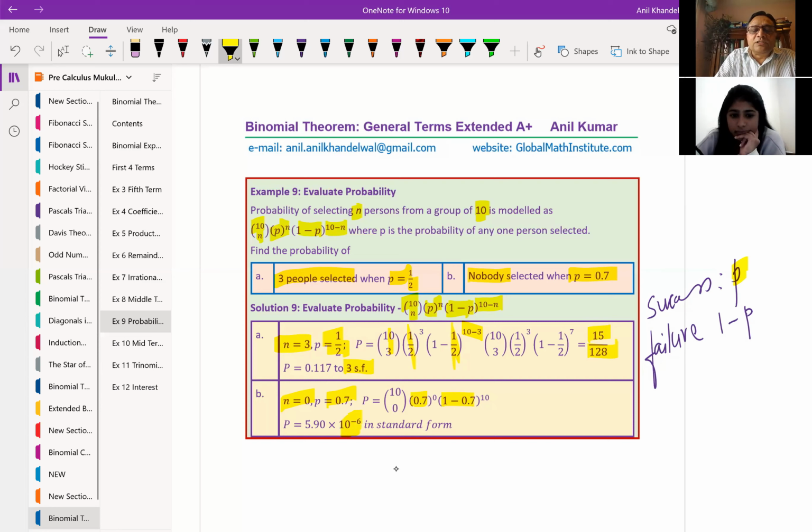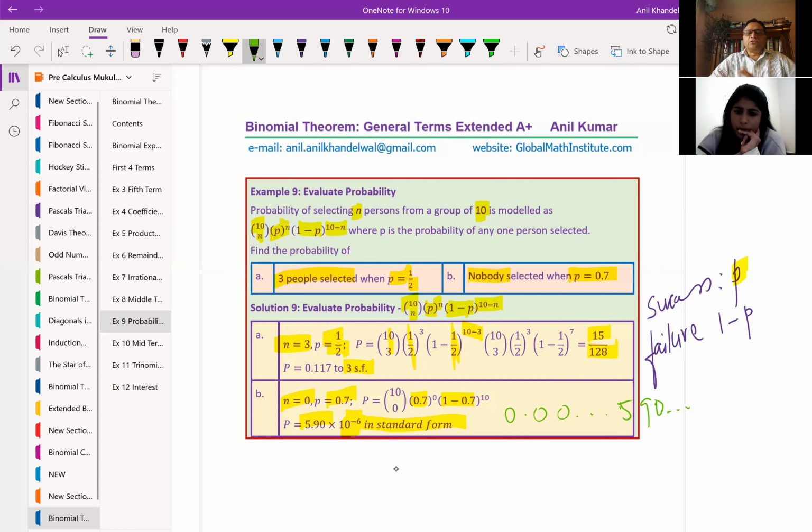Sometimes you may be required to write answers in standard form. So remember, this is the answer in standard form, 5.9 times 10 to the power of minus 6. If required in 3 significant figures, you could also write this, but there will be a lot of zeros in between. You can count the zeros and then write 5.9. Is that clear to you?